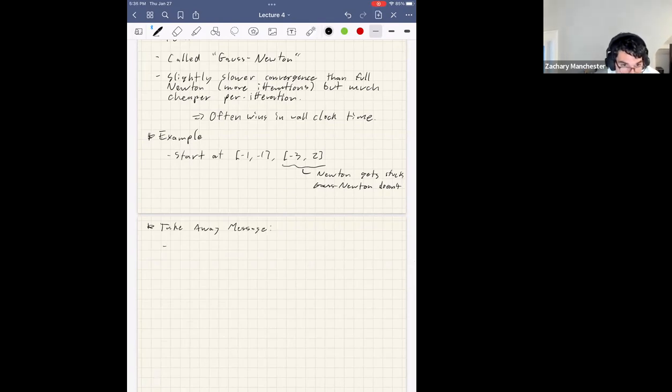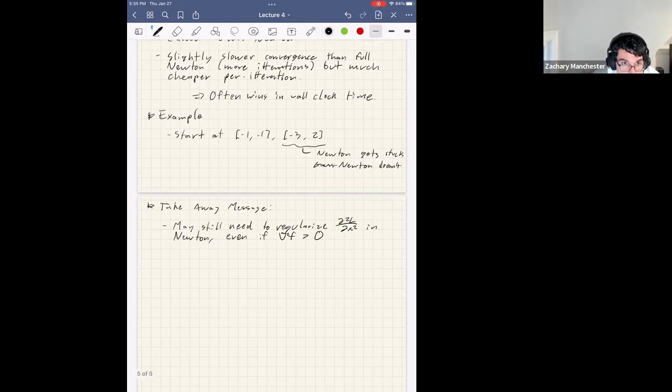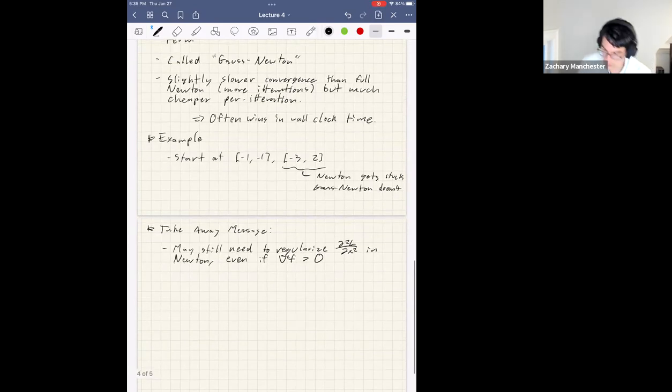In general, you still have to regularize, even if the Hessian of the objective is strictly positive definite. And Gauss-Newton is often used in practice, especially in optimal control.